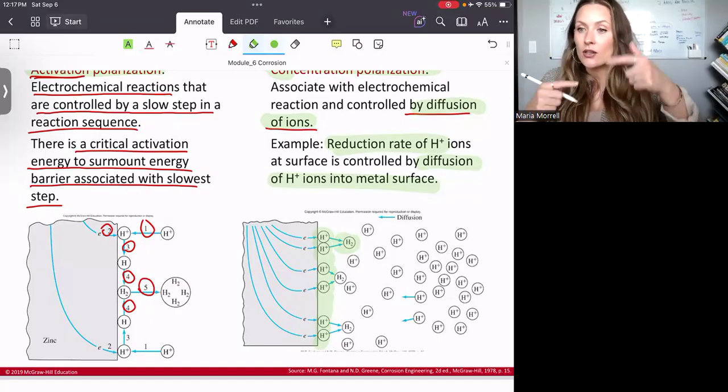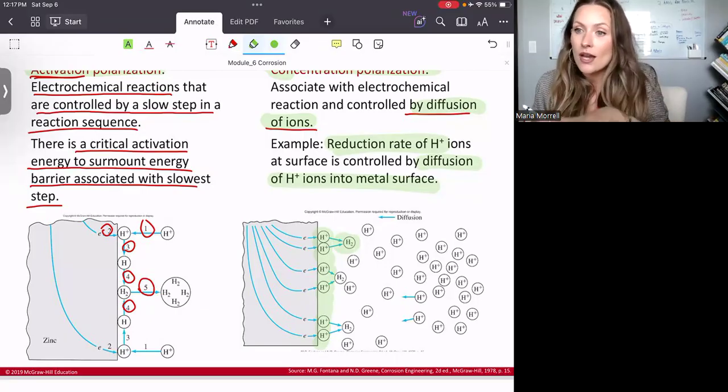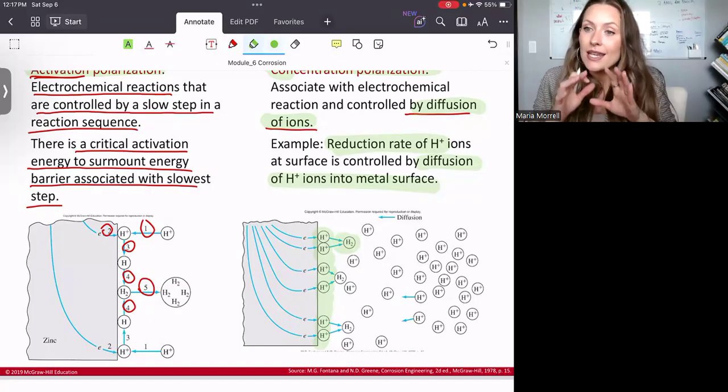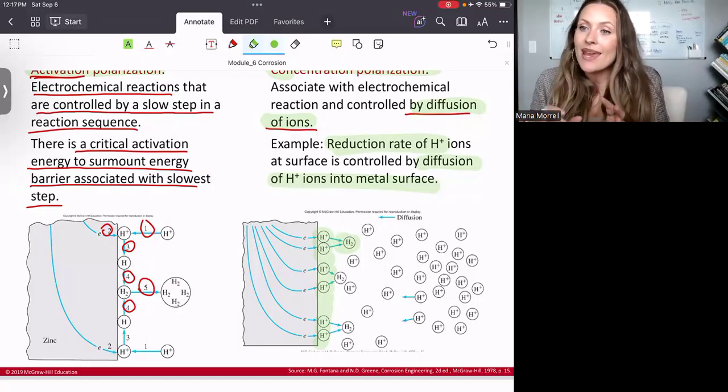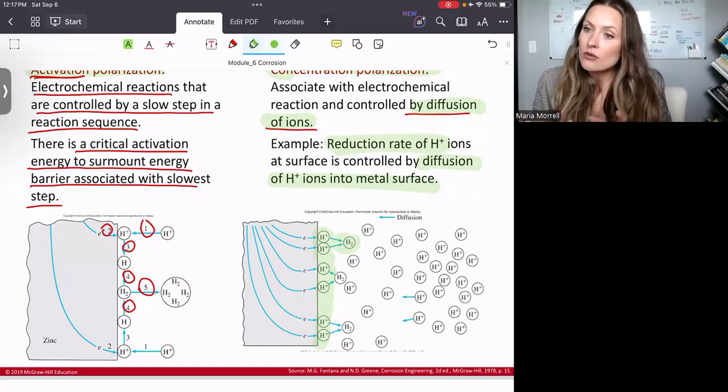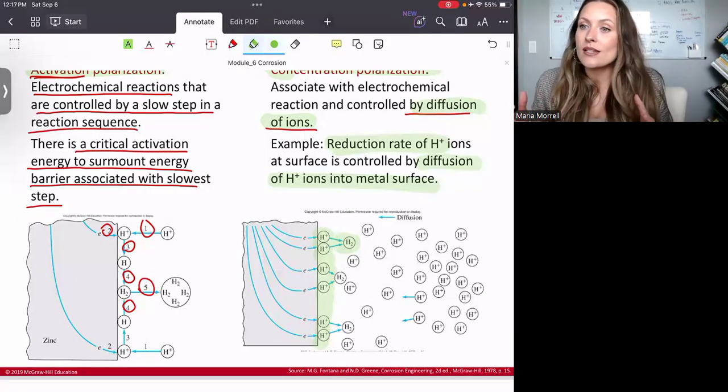And as an engineer, I can go backward, right? Meaning that if I wish to slow down the corrosion in a specific process, and I know that process is controlled by concentration polarization, controlling the flow speed may allow me to control the corrosion process itself.